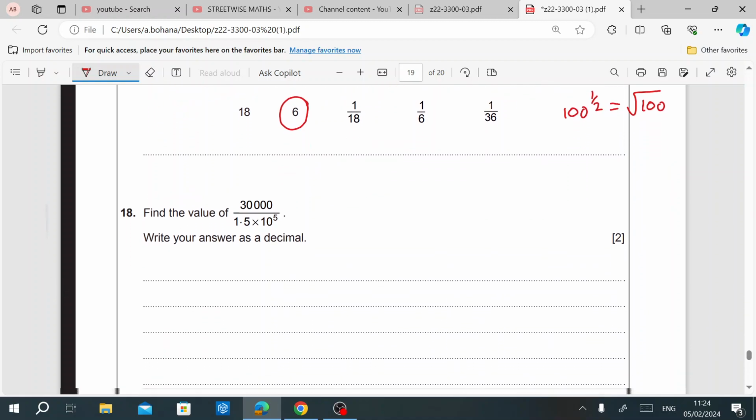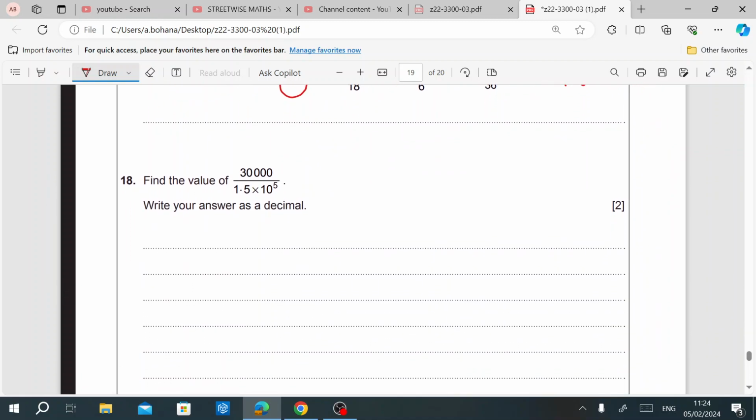Then finally, this last one here. The way I would have done this one is I would have probably gone like this. 30,000 divided by, I would change that to a whole number. So it'd be, if you're not sure how to do that, 10 to the 5. So 1, 2, 3, 4, 5 zeros.